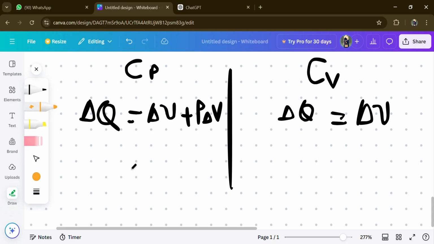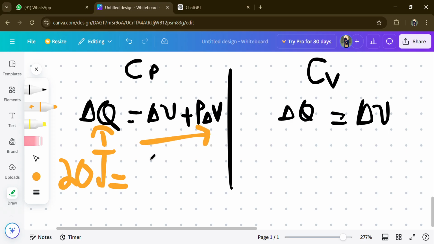Let's say we have to achieve the first situation, and we are providing 20 joules to the system. This 20 joules divides itself into Q1 and then the situation where work will be done.